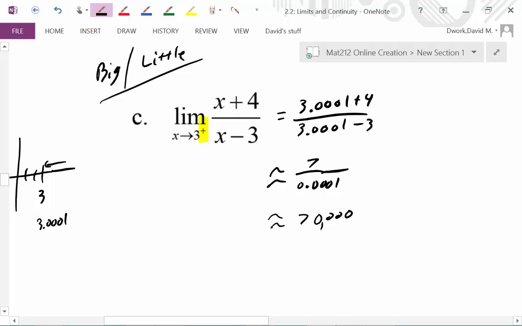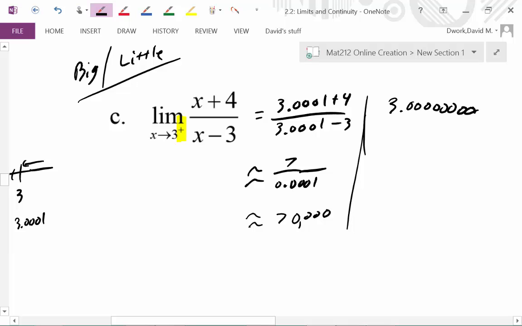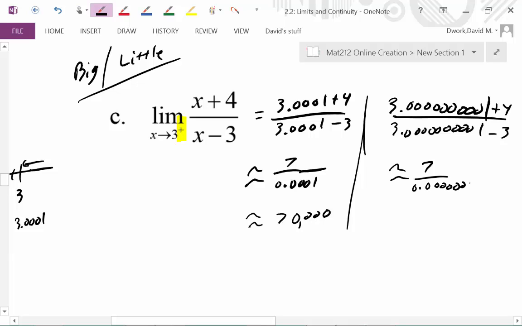Now, if we kept getting even closer and closer to 3, so instead of doing 3.0001, let's do 3.0000000001 plus 4 divided by, do you guys see where I'm going with this? Okay, we just got super close. So again I'm going to have about 7 in the numerator, but now my denominator is going to be 0.000000, however many zeros I drew before. So now what just happened to my number?